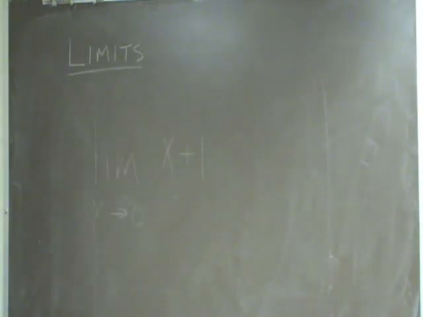Here is one of the most basic examples of a limit. As you can see, in this equation, x is gradually approaching 0. Now, if x is gradually approaching 0 within the function x plus 1, we know that the function will gradually approach 1. And therefore, to evaluate this limit, we can say that the function will equal 1 when x approaches 0.